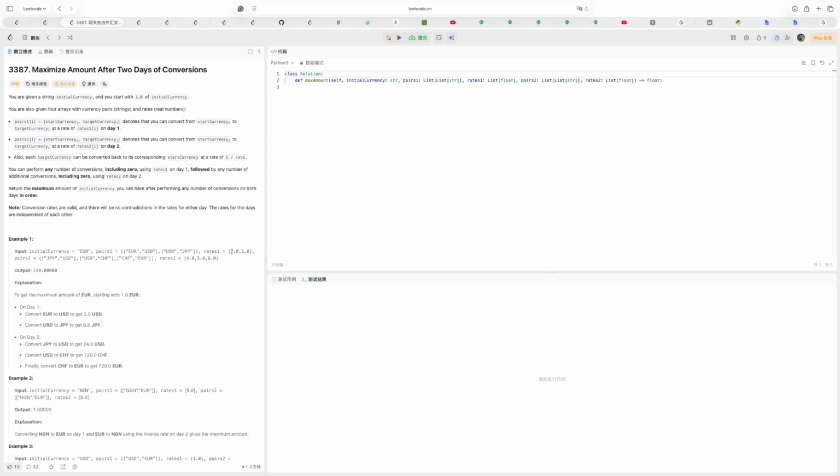Rates 1: on day 1, euro to USD will be 2.0, USD to JPY will be 3.0. On day 2, you'll have 3 conversions, and you have rates 4.0, 5.0, and 6.0.